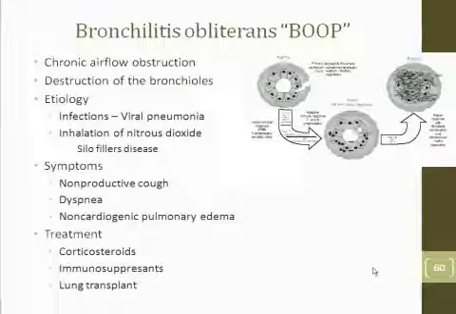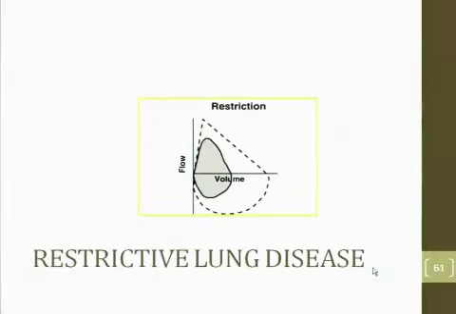They get exposure to nitrogen dioxide. They develop a non-productive cough, dyspnea, and what's called non-cardiac pulmonary edema. Treatments include steroids and immunosuppression. Unfortunately, many of them progress to the point that they cannot breathe and need lung transplantation. Thank goodness, it's pretty rare. I've actually only seen BOOP one time.